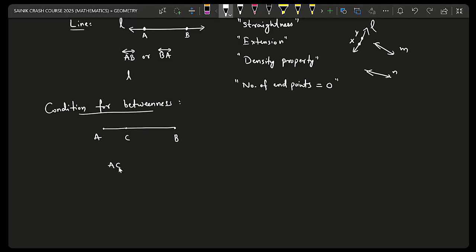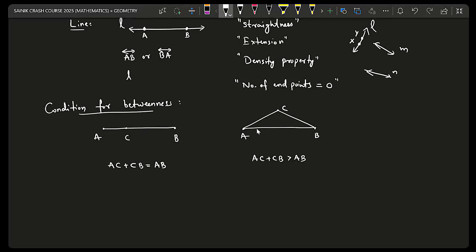Suppose if you find AC and CB and add, if this sum equals the distance AB, then definitely C lies between A and B. For example, in case 2, if A is here and B is here, but C is here, that means A to C we calculated the distance, C to B we calculated the distance and added. So in this case, AC plus CB is going to be greater than AB.